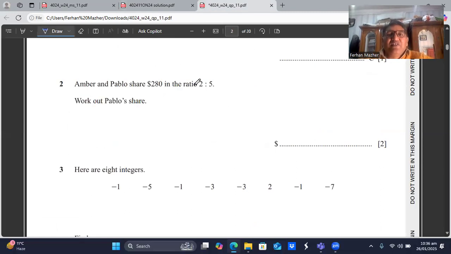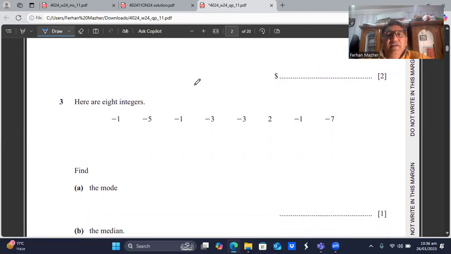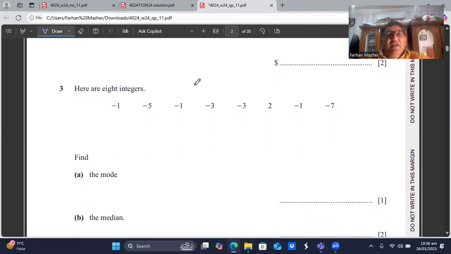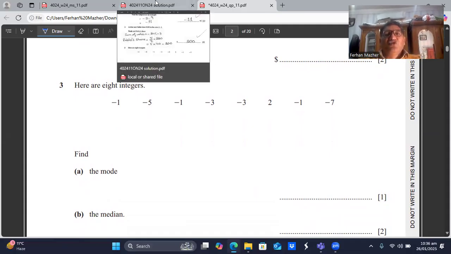Okay, so we are going to the next question, and the next question coming up on your screen is question number 3. Here are 8 integers: -1, -5, -1, -3, -3, 2, -1, -7. The question is find the mode. The mode is the number in the data which is repeated most.